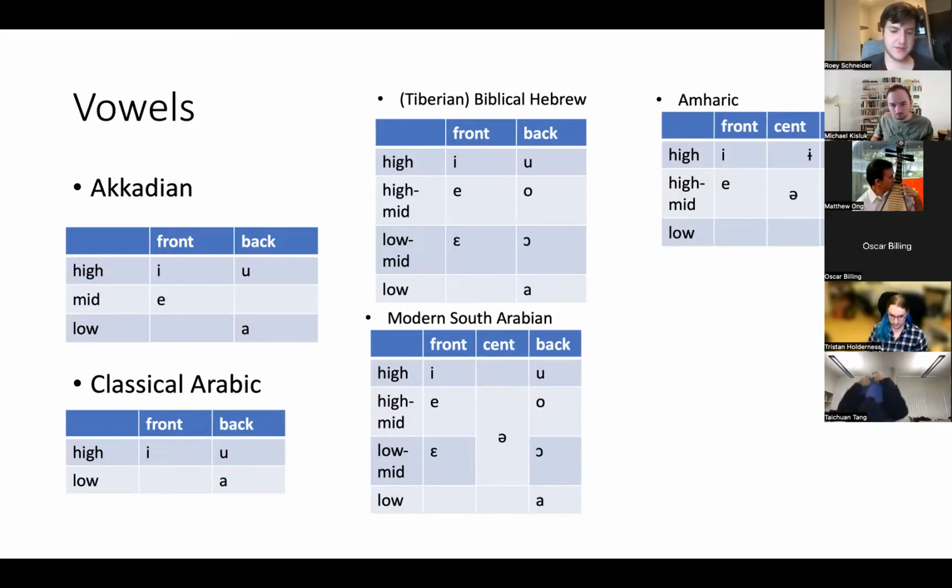In Akkadian, we assume the existence of just four vowel phonemes: I, U, E, and A. It's really hard to tell, but that's what people think today, and I think it makes sense. In classical or literary Arabic, we just have I, U, and A. But of course, in almost all, or maybe even all, spoken Arabic dialects, there is also an allophone or a phoneme, O and E.